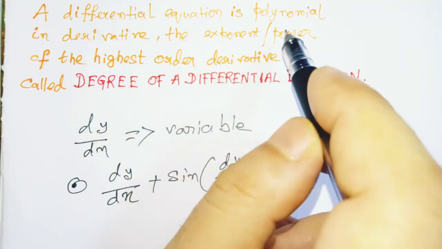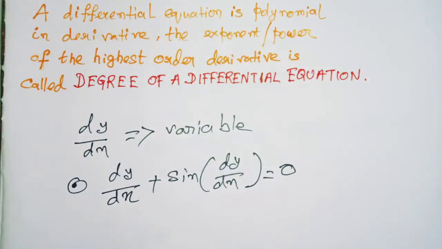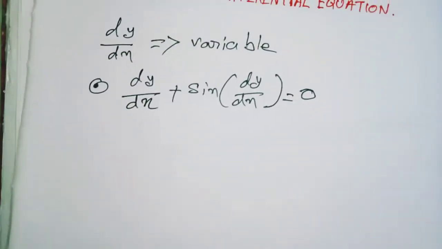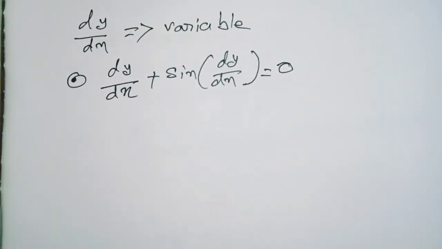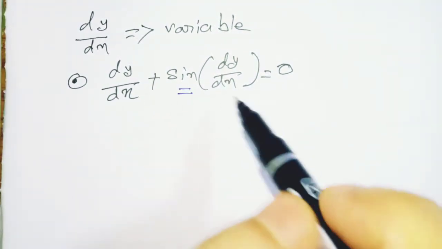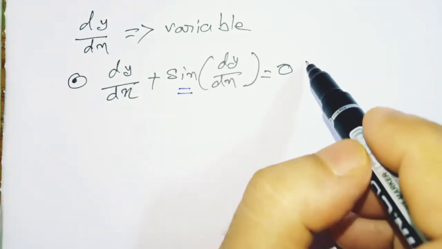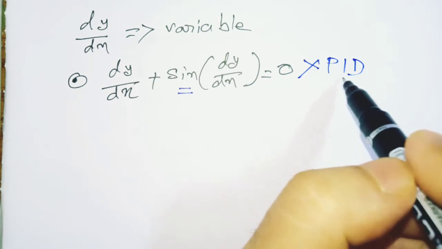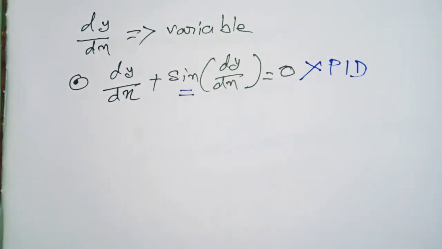We are going to find whether it is a polynomial in derivative or not, which I can abbreviate as PID. Just watch: variable, coefficient, plus, minus, multiplication, non-negative. But here it shows a sine. That means it is using a trigonometric function, so it is not a polynomial in derivative.